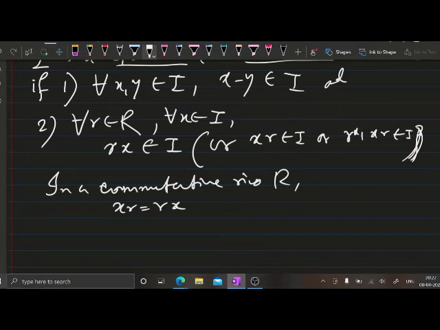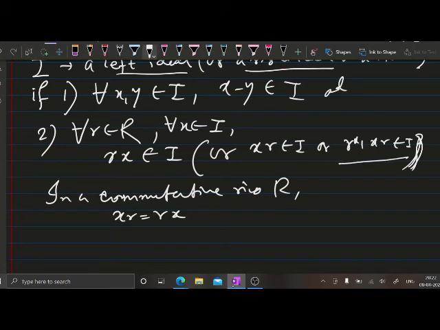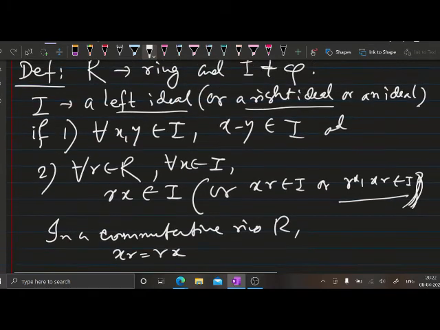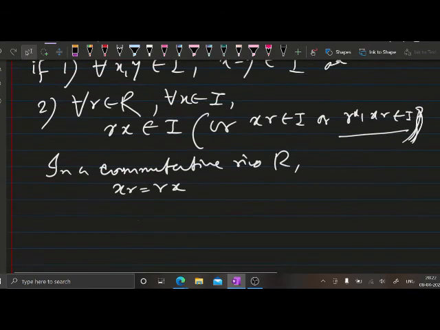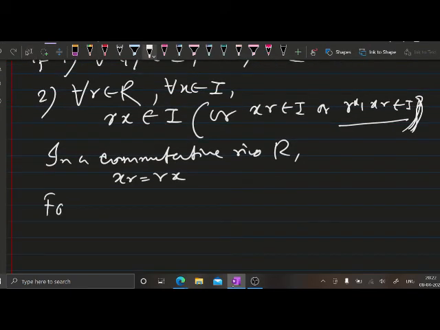Sometimes the ideals that we have defined are called two-sided ideals. Some books have mentioned this terminology, two-sided ideals, and we already have an example of an ideal, which is a kernel.